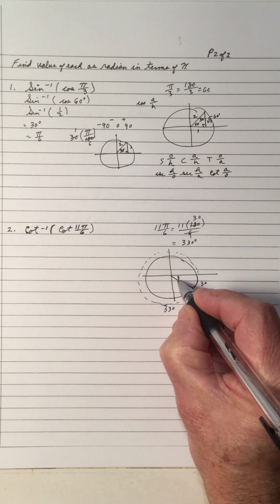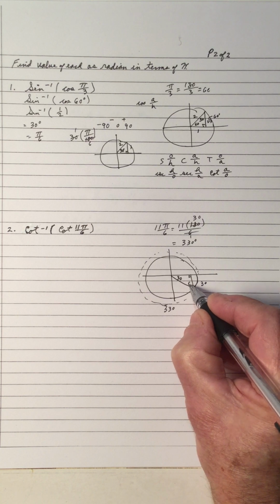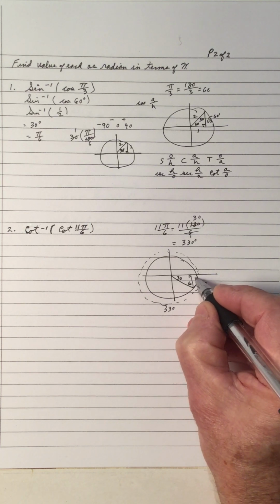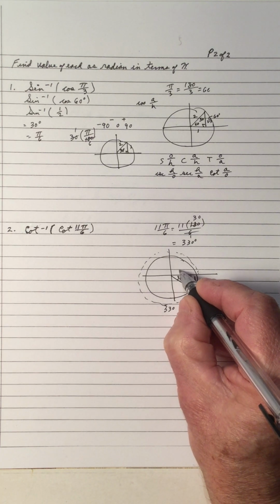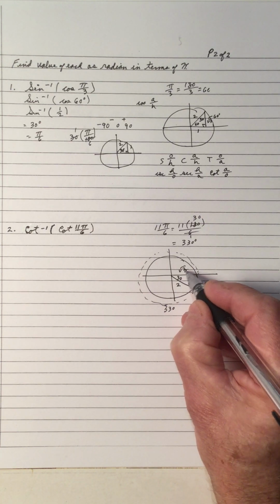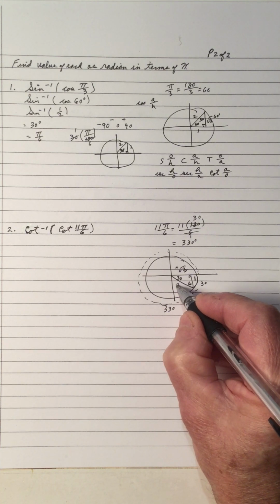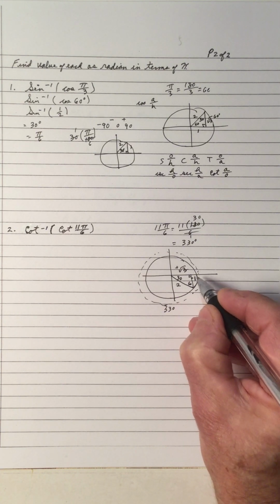That means the central angle is the same size, and with a perpendicular, this is a 60. Opposite 30 is 1. Opposite 60 is root 3. Hypotenuse is 2. And the x is positive, the hypotenuse is always positive, and the y is negative.